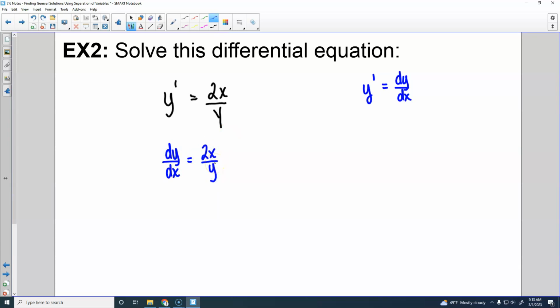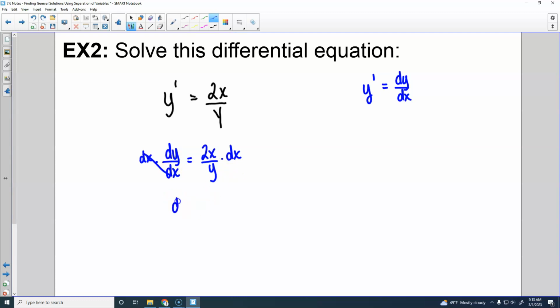So on these problems, always one of the first things you're going to have to do is multiply both sides by dx, because that dx cannot be in the denominator. You need the dy in the numerator on one side, you need the dx in the numerator on the other side. In general, I always try to put my y's on the left, x's on the right. Technically, it could be the other way, but your dy's and dx's have to be in the numerator.